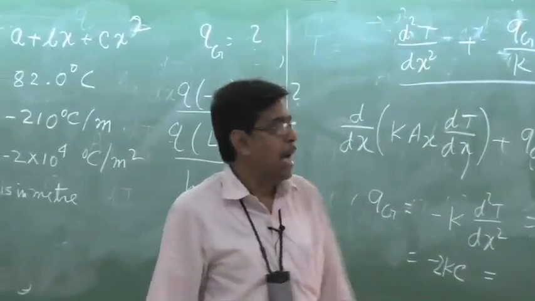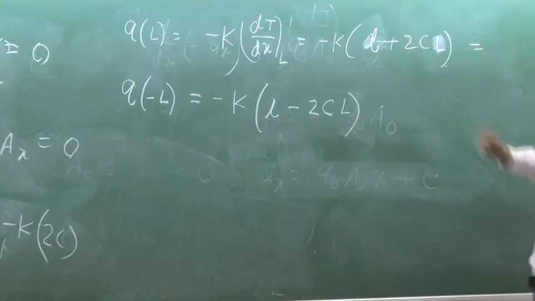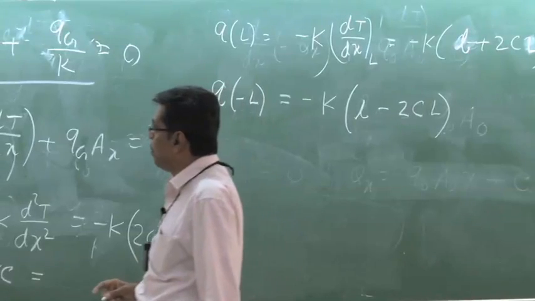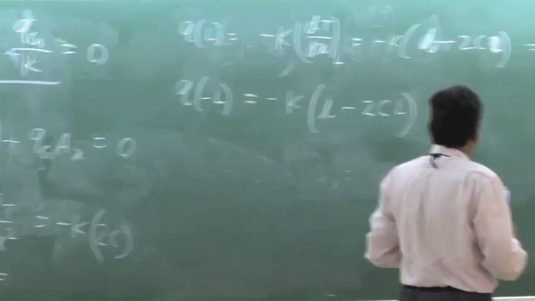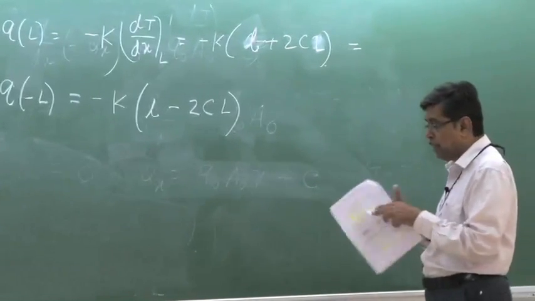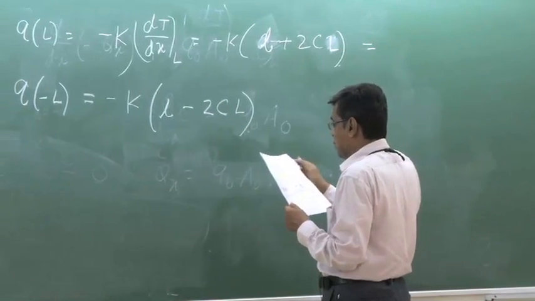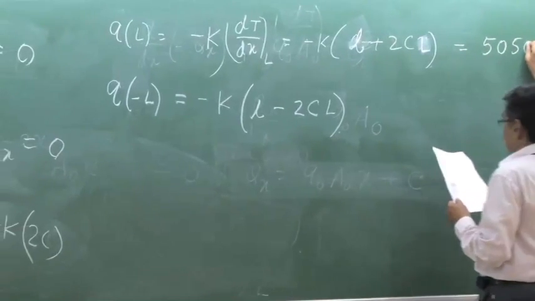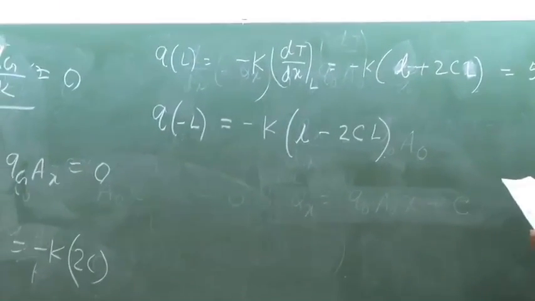Clear? And the value is this. If you put the value of K and the value of B, and the value of L, where 2L is 40 millimeter, you get the value of Qx at L as 5050 watt per meter square, because it is per unit area.